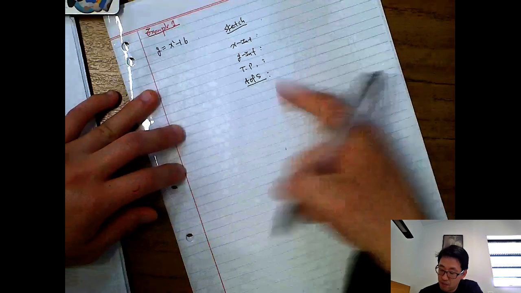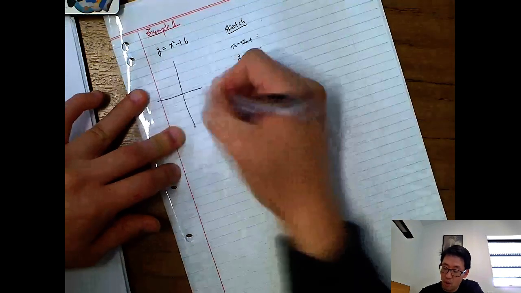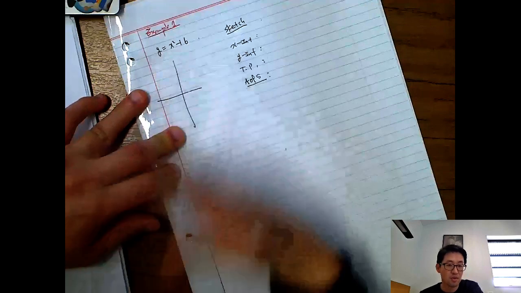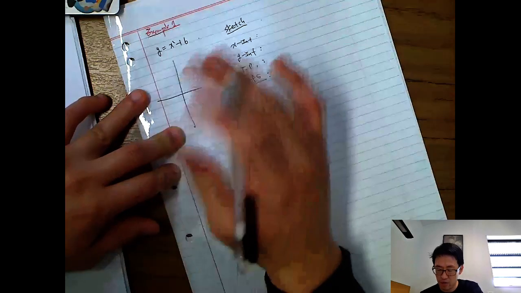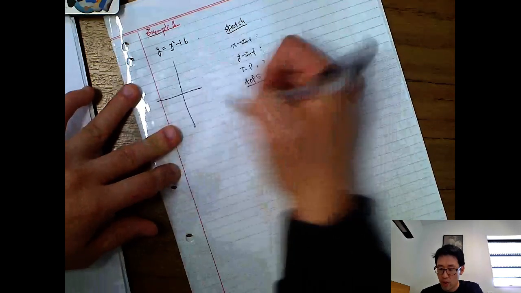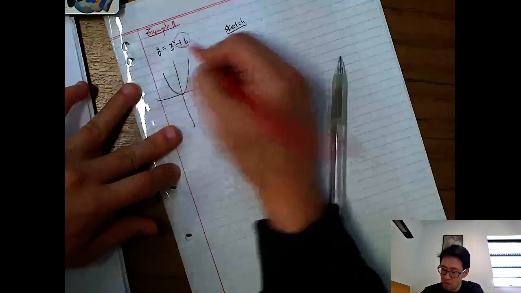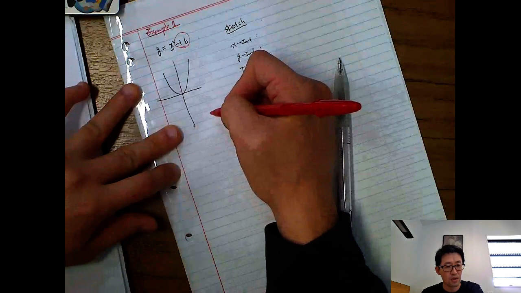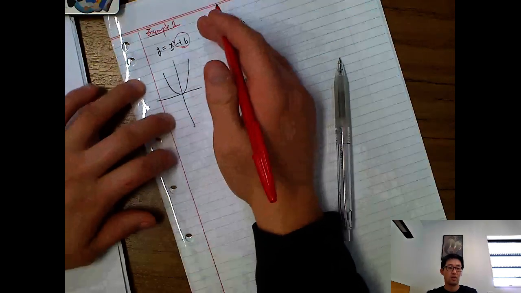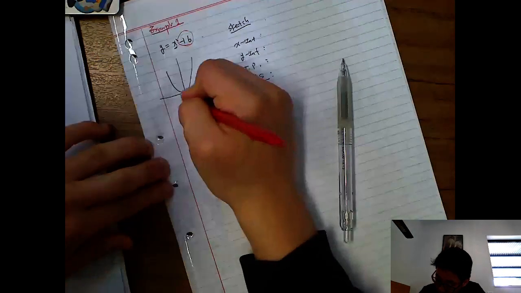Let's do one by one. Before we do it, I'll always think about this. Just draw roughly, okay? So we actually know what's going on. X squared is this, and it moves how much? Minus 16 vertically, isn't it?